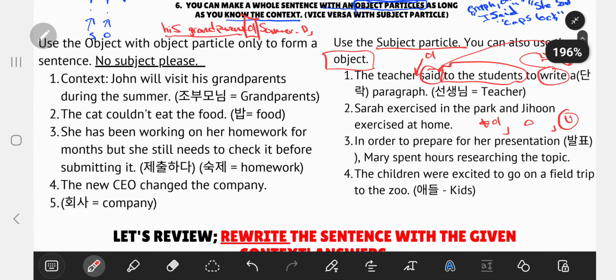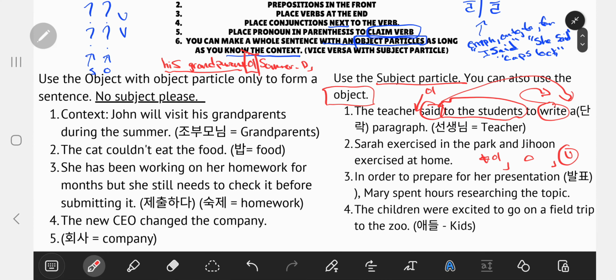So now I want you to come back to this part and I want you to pause the video and try to do the remainder. So for this one, remember, rewrite the sentence only by stating the object and object particle. So you get to not say the subject and emphasize the object at the same time to say a whole lot. And then I want you to do it on your own.